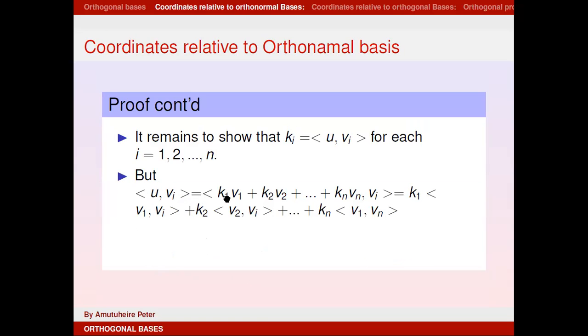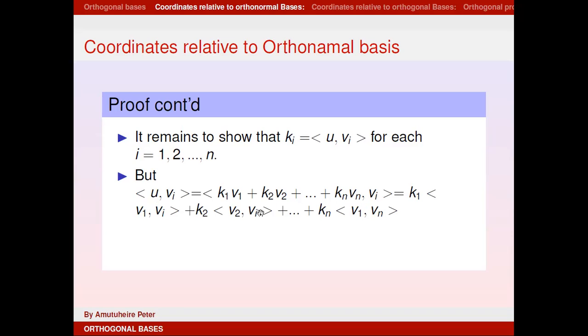From the properties, I think that was I3 of the inner product space, the inner product of U and Vi is the same as the inner product of the linear combination and Vi, because U is a vector, so it can be written as a linear combination of basis elements, then Vi.